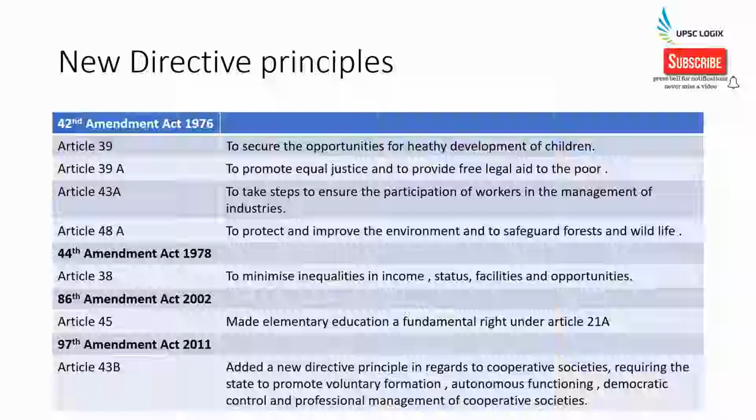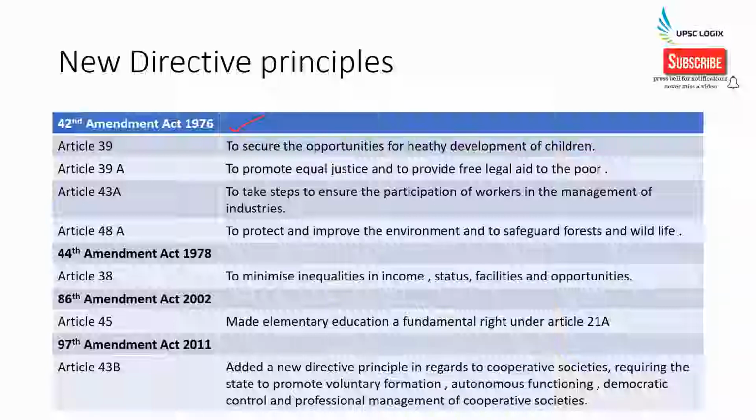Then by the 44th Amendment Act of 1978, Article 38 was added, by the 86th Amendment Act 2002, Article 45, and then by the 97th Amendment Act of 2011, Article 43B was added. So let us have a look at all of them. Articles 39, 39A, 43A and 48A were added through the 42nd Amendment Act of 1976.